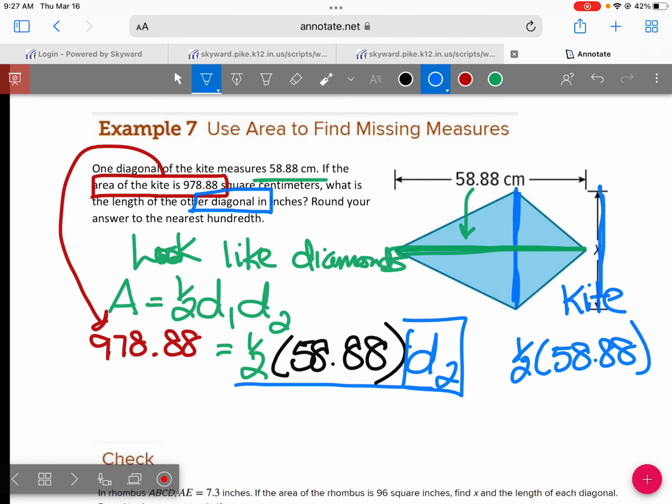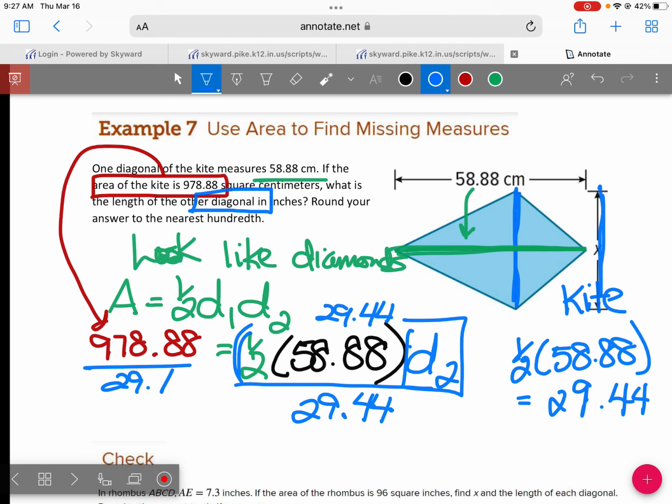What do we get? 29.44. Yes, 29.44. Is everybody with me on that? So I'm going to divide by 29.44, and whatever I do on one side, you have to do on the other. Divide by 29.44. These are going to simplify out.